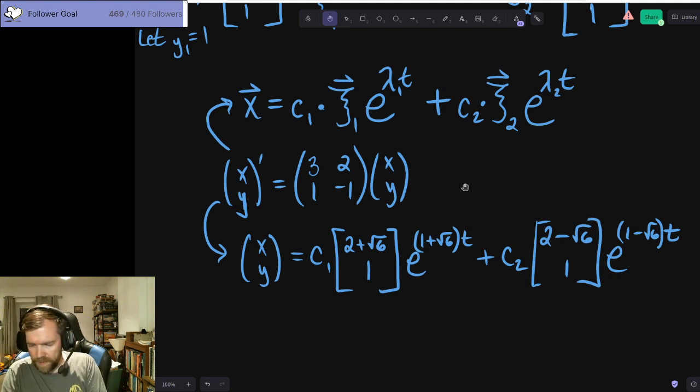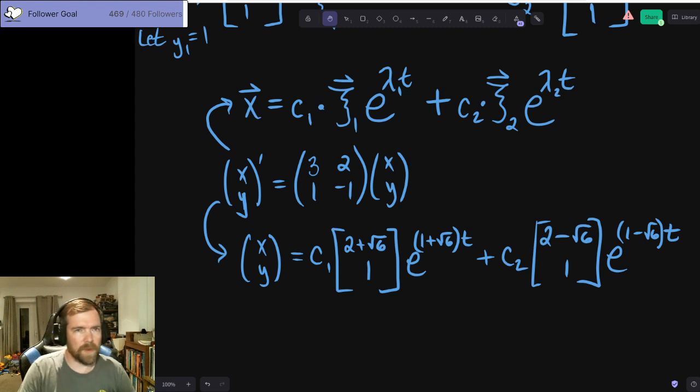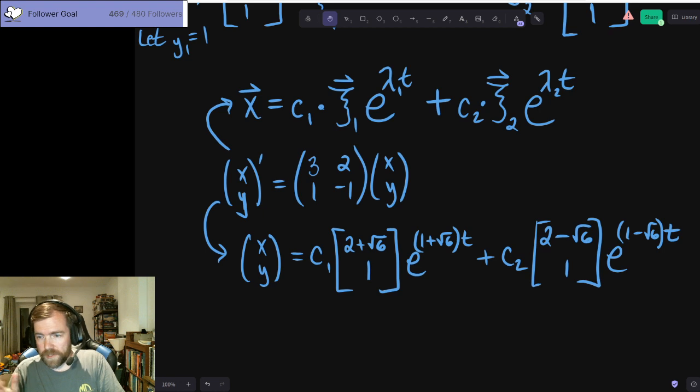On Wednesday, we're going to talk a little bit about some applications of this. Right, we're going to talk about how to make sure that a particular solution set is valid.